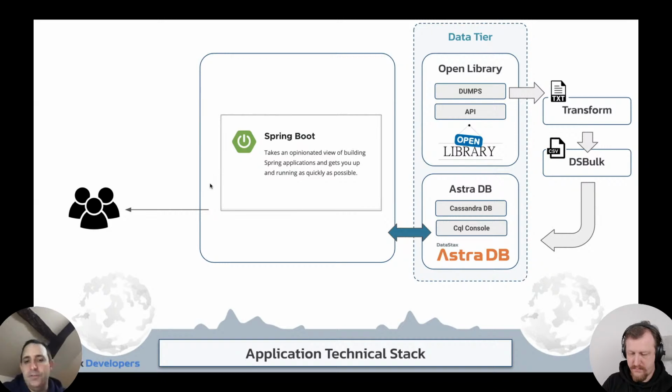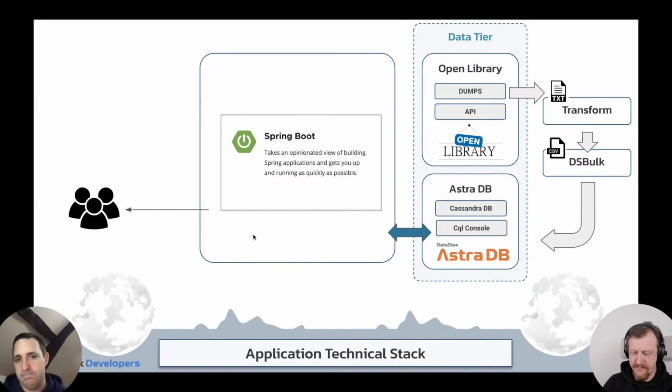All right. So first, what you need to realize is the loading process is different from the script before. We use a main class to transform text into CSV, and then we use dsBulk to load data in Astra DB, and we start the app.